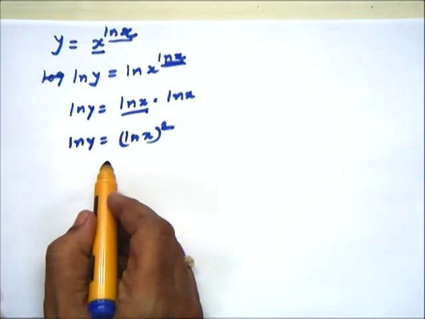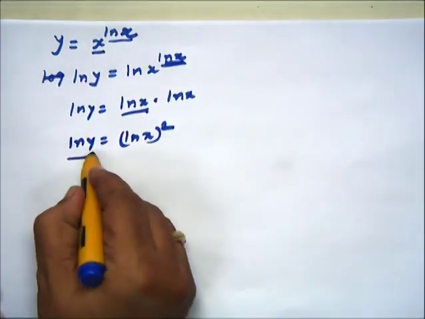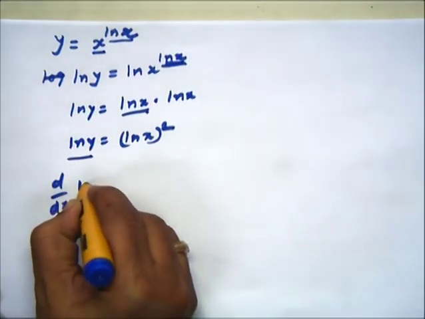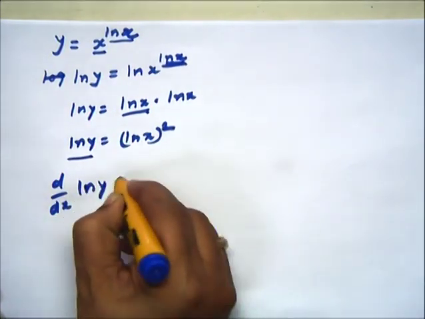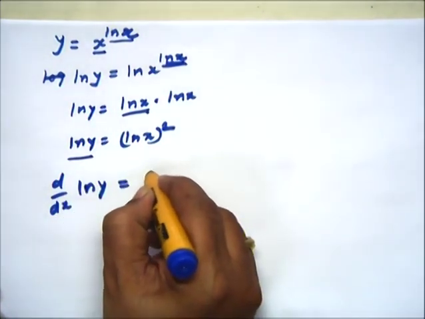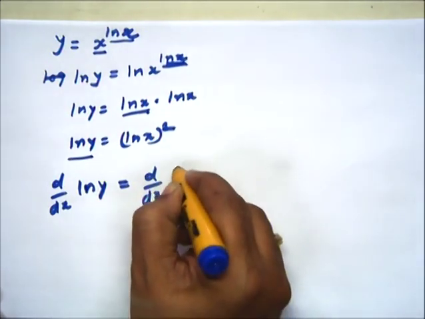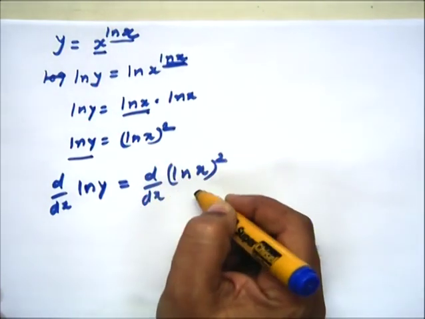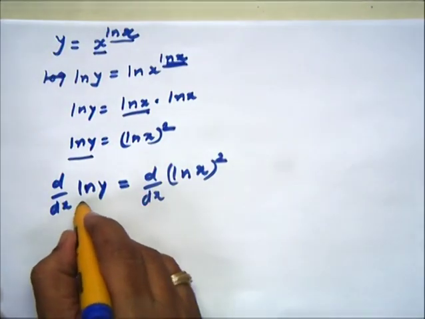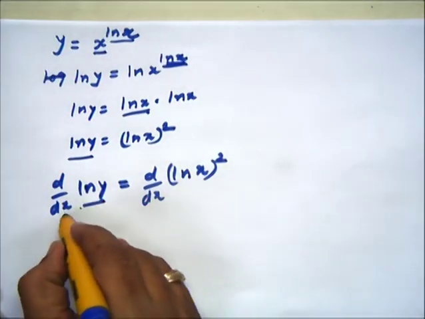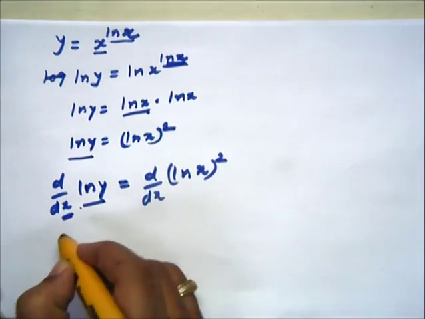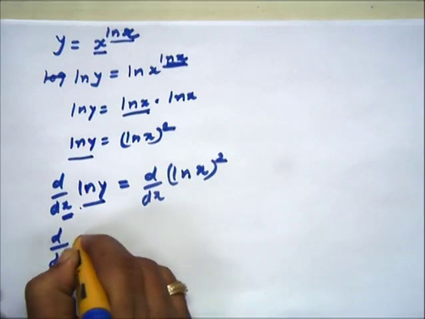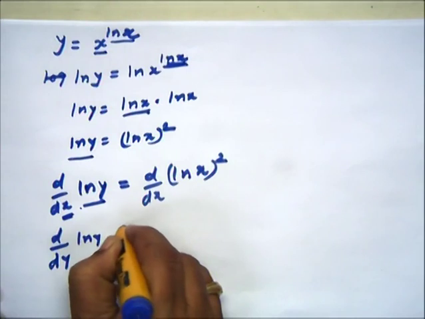Now differentiating with respect to x. Here we are differentiating with respect to x. So it is d by dx of log y, that is equal to d by dx of log x square. Now this is a function of y and we are differentiating with respect to x. So here we differentiate this function with respect to y first into dy by dx.